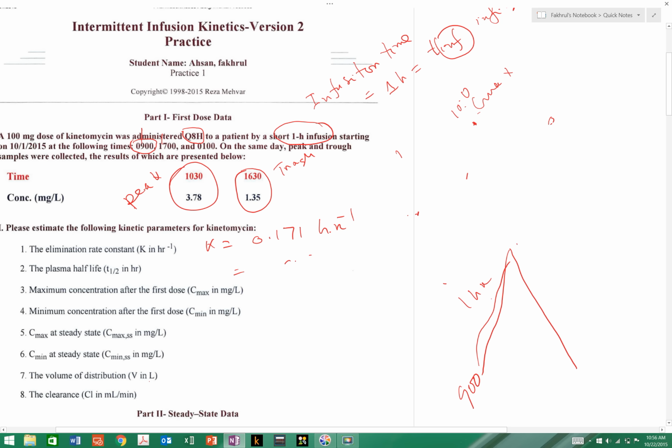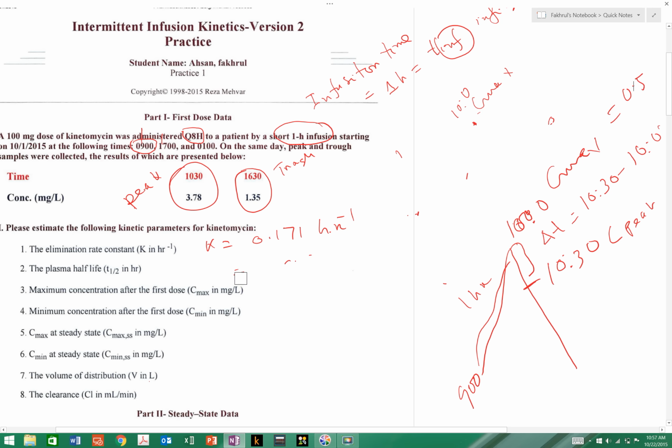You stop your infusion at 10, and then you collected a sample at 10:30. This is the time for Cmax, and this is your Cp. Our delta T would be this one. Delta T is equal to 10:30 minus 10, which is going to be 0.5 hour or 30 minutes.